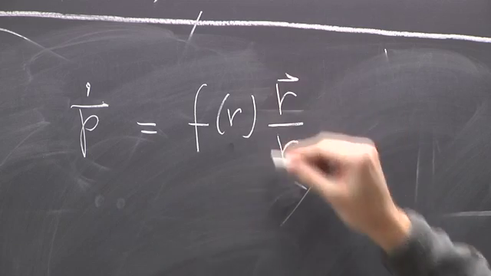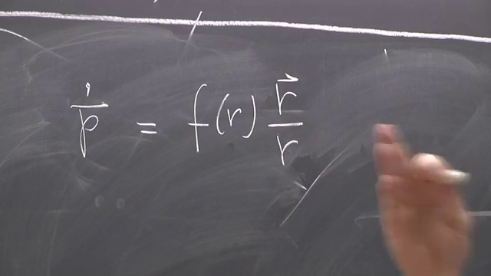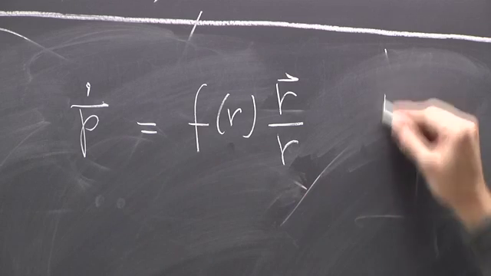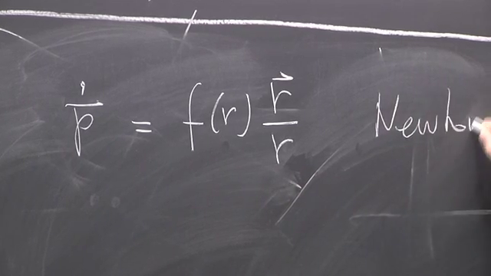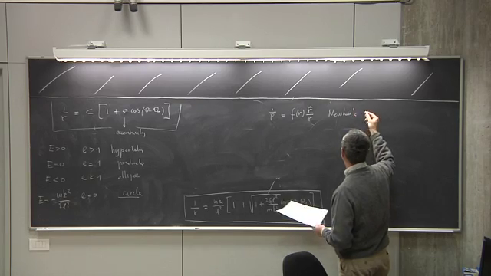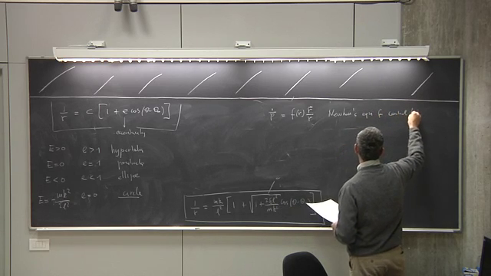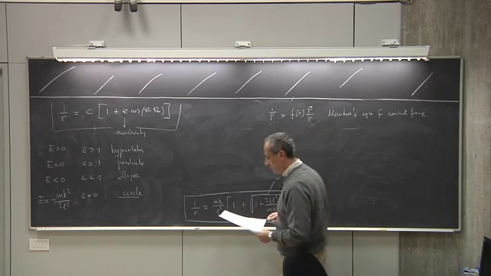So this is like a unit vector, right, pointing in whatever direction. So this is a general way I write Newton's equation for a central force, by definition, okay?